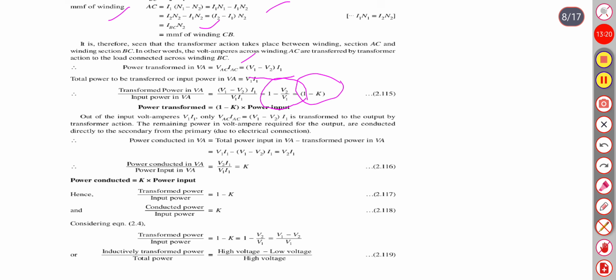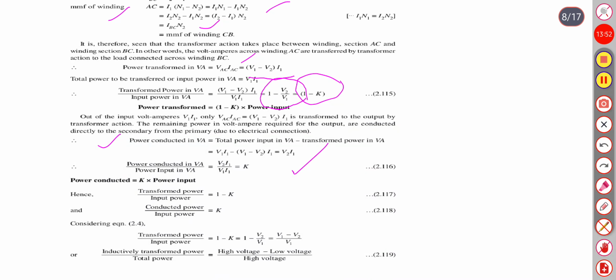The remaining power in volt ampere required for the output is conducted directly to the secondary from the primary due to electrical connection. So the power conducted in VA equals total input power in VA minus transferred power in VA. So it will become V1 I1 minus (V1 minus V2) into I1, which is V2 into I1.